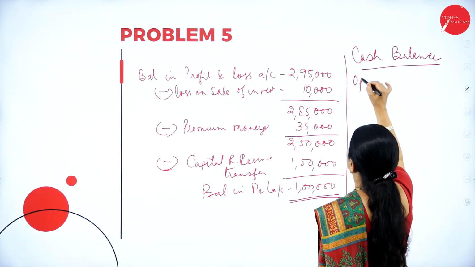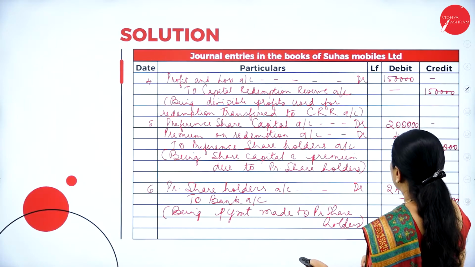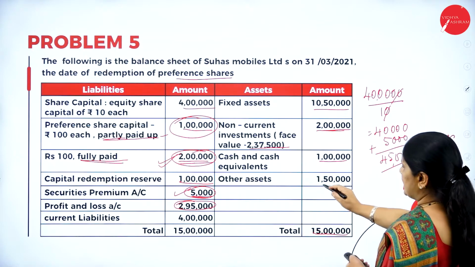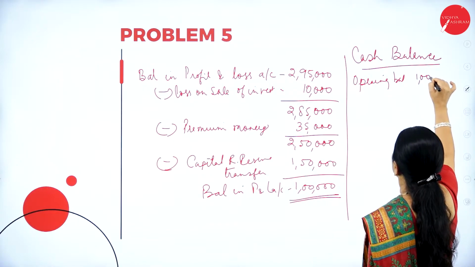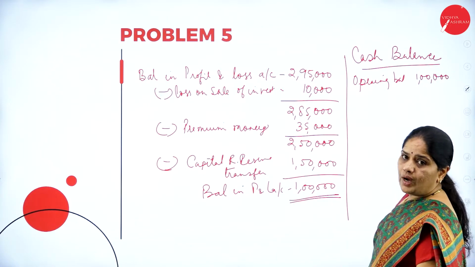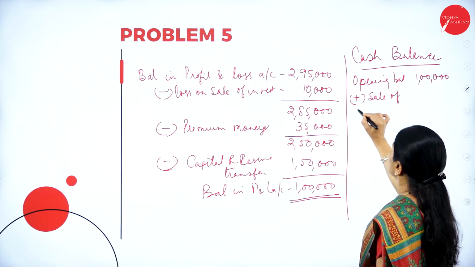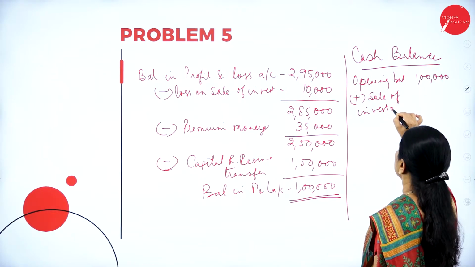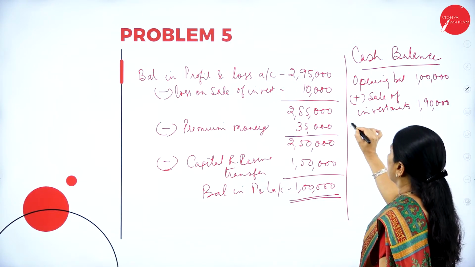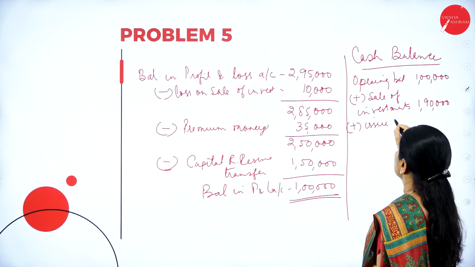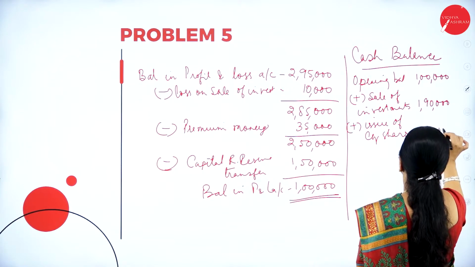So what is the opening balance? Opening balance of cash, just see the balance sheet. What is the opening balance of cash here? 1 lakh. So I will write 1 lakh. Opening balance of cash is 1 lakh. Add sale of investments. So when we are selling the investments, I got 1,90,000. Then add issue of equity shares 50,000.